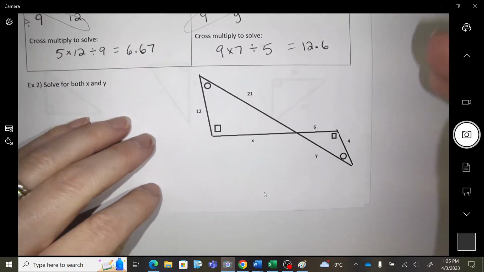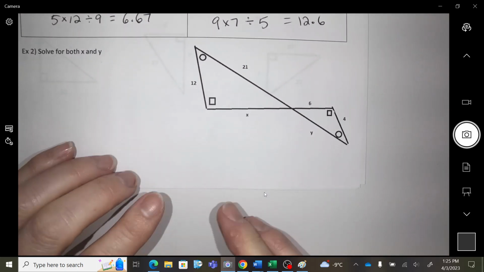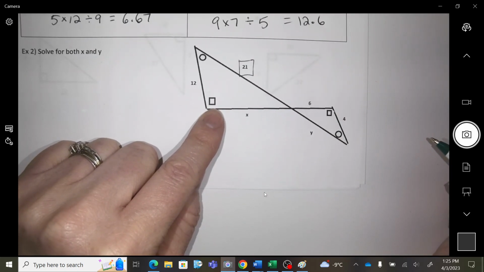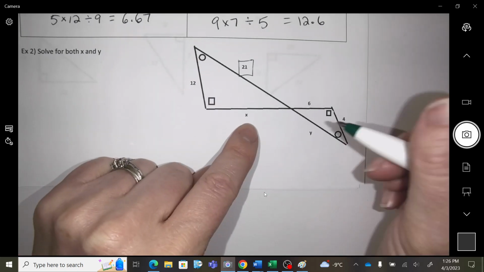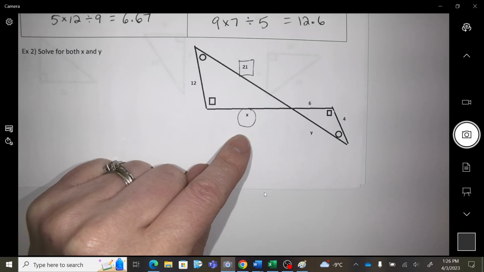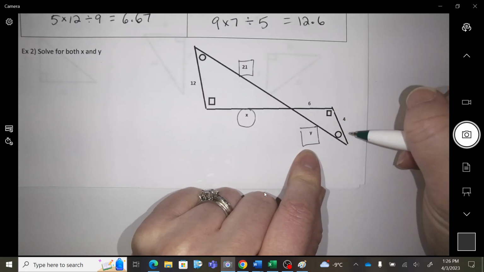Okay, number 2, I need you to start me with some labels. So I'm going to put a box around 21. Around x, I'm going to put a circle. Around y, I would put a box.